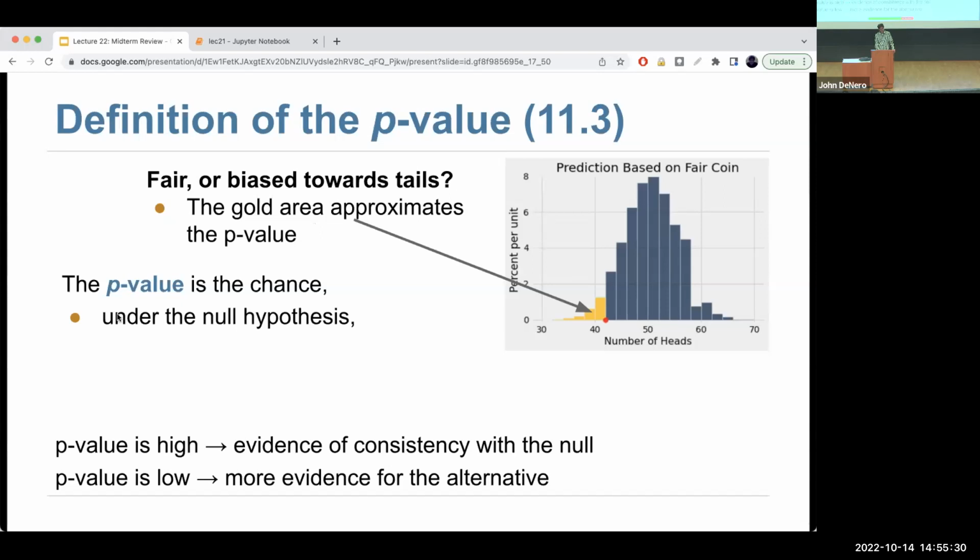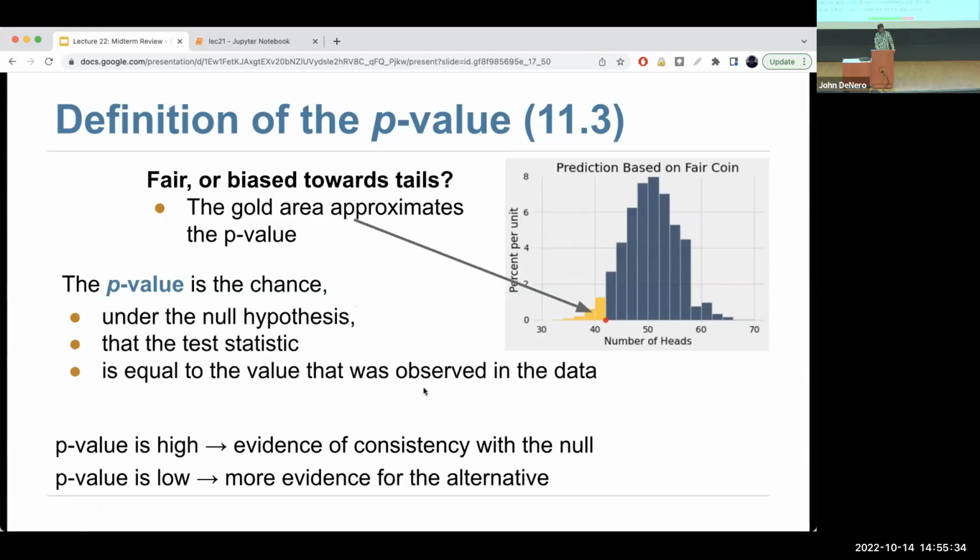The p-value is the chance under the null hypothesis that the test statistic is equal to the value that was observed in the data. That's why we use the observation. Or even further in the direction of the alternative. So if the alternative hypothesis was that this coin had fewer heads than tails, you'd look that way.